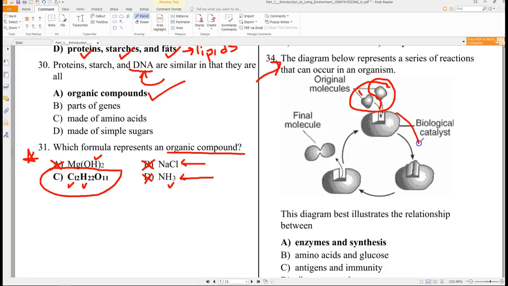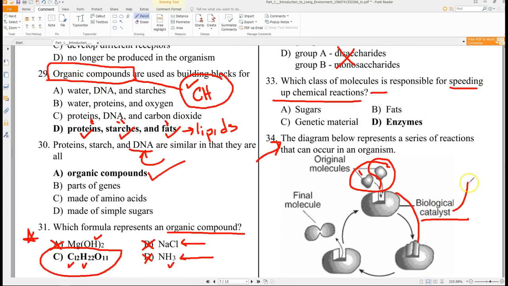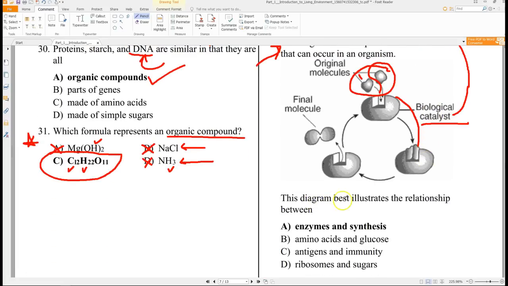A biological catalyst, it's an enzyme. Remember that we said that a catalyst is an enzyme. Let's keep going. Now the molecules fused together.